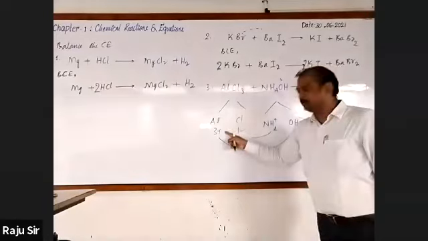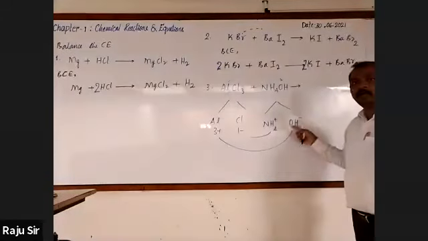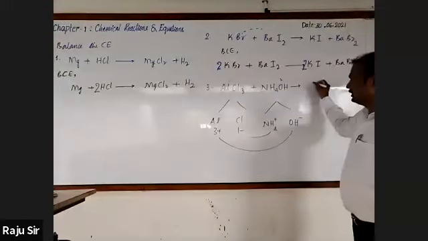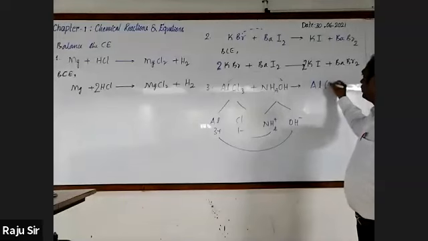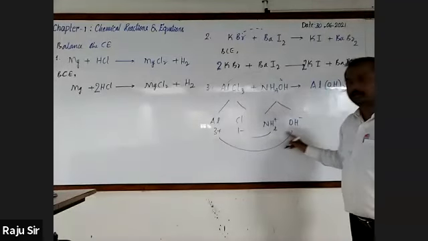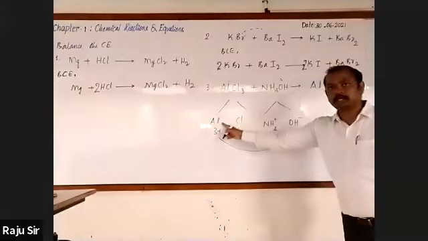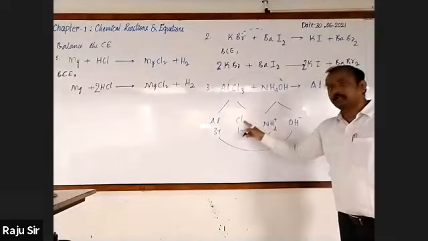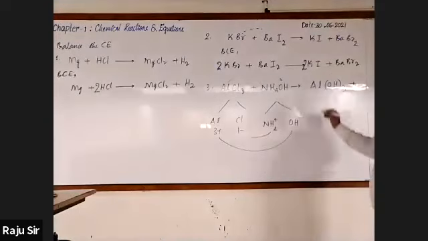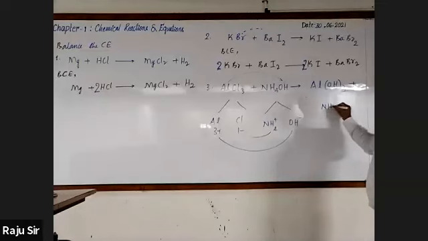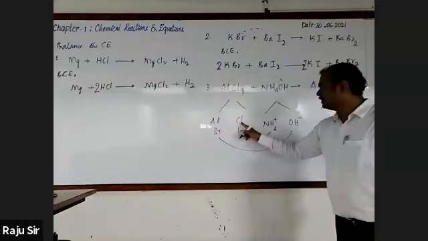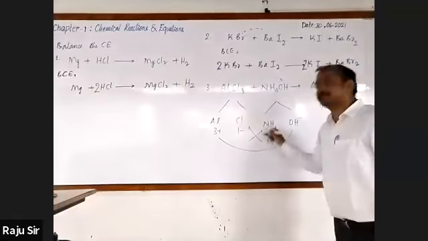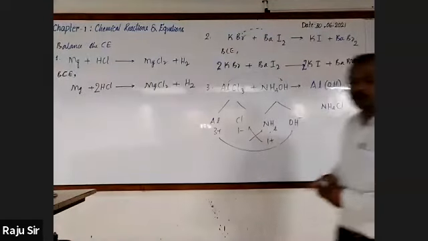Look here. The cation aluminum combined with the anion hydroxide will be aluminum hydroxide. We can write it as Al(OH)3, because crossing over charges, it will be Al(OH)3, plus ammonium chloride. Here also ammonium chloride is NH4Cl, because Cl1 minus and NH4 1 plus, crossing over charges, it will be ammonium chloride.